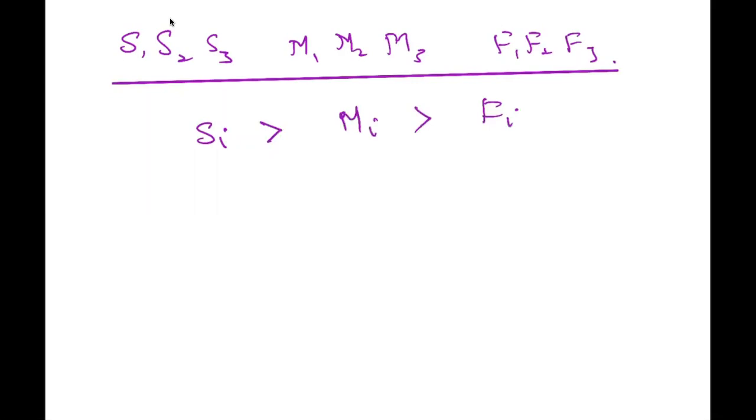This is the specific order that you have to find. i will be either 1 or 2 or 3, anything. In how many ways can we arrange? Hope everyone is getting this. And you have 2 ways.